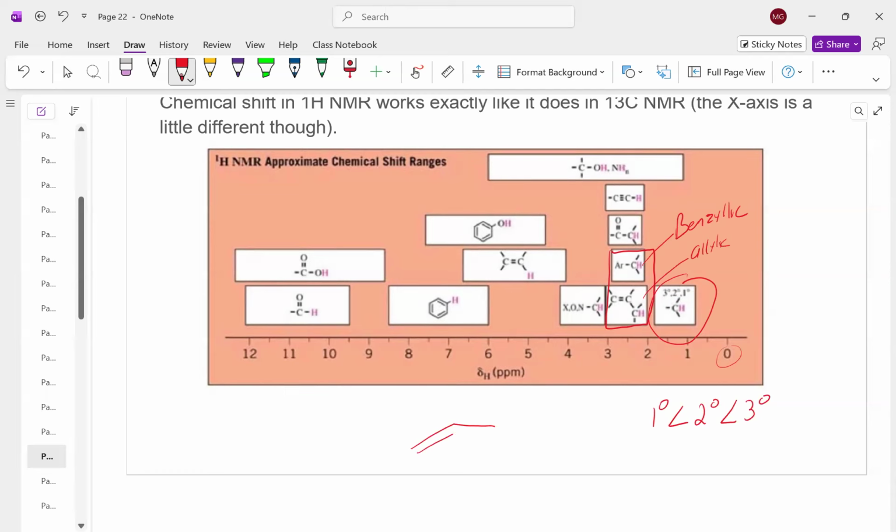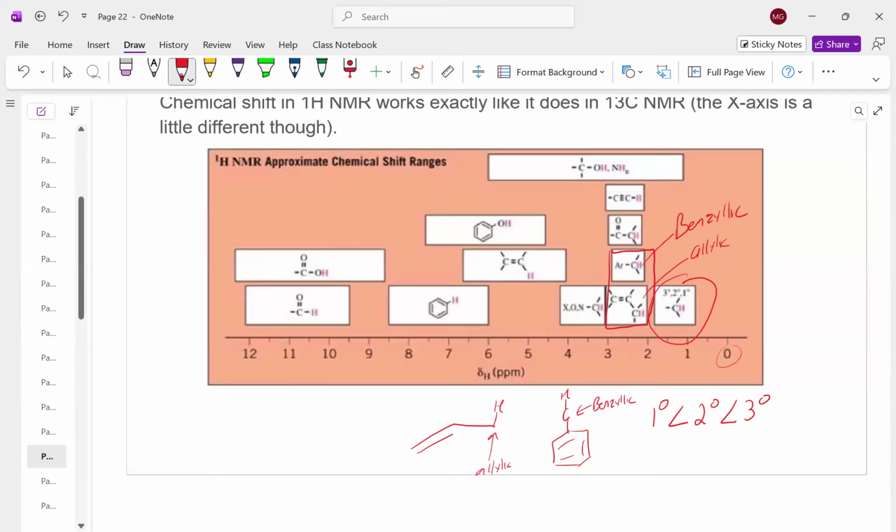When we have a double bond, the first carbon outside of the double bond is the allylic carbon. So the hydrogen on that we call an allylic hydrogen. And then if you have benzene, the first carbon outside benzene is the benzylic carbon. So the hydrogen on it would be a benzylic hydrogen.